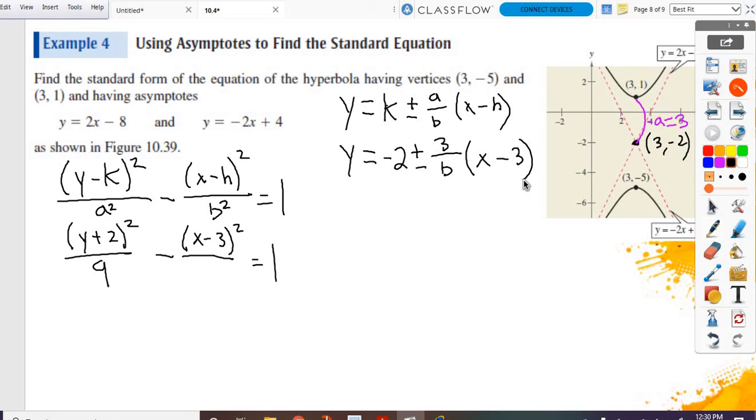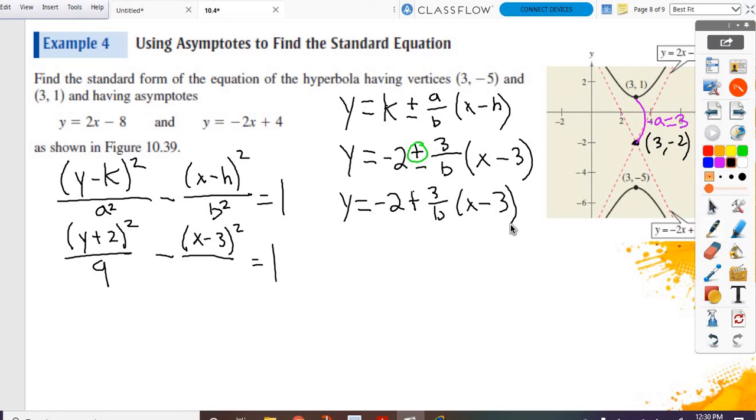So then we want to start simplifying this as much as we can. I'm going to work with one of the equations at a time. So I want to look at y equals -2 plus, just because it's going to be a little bit easier to look at the positive one, 3 divided by b times x minus 3.